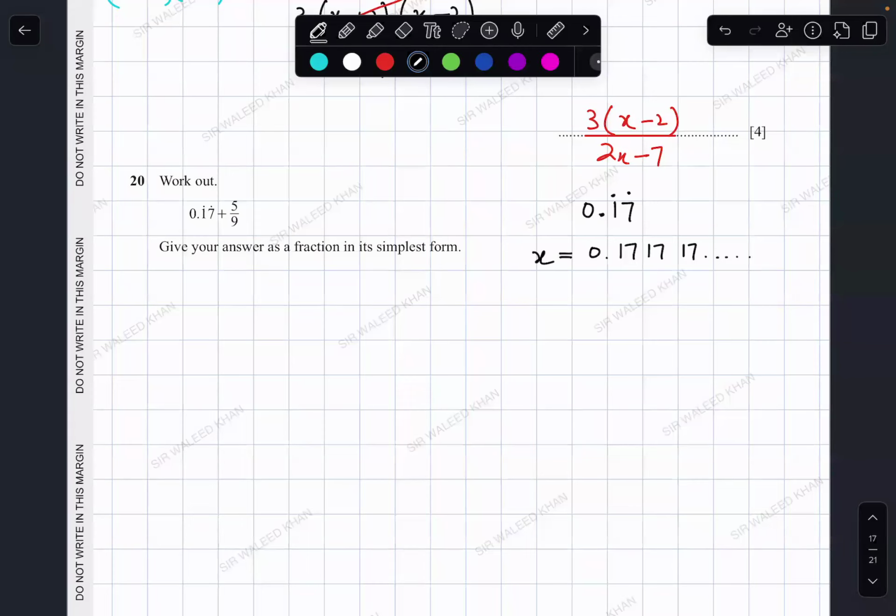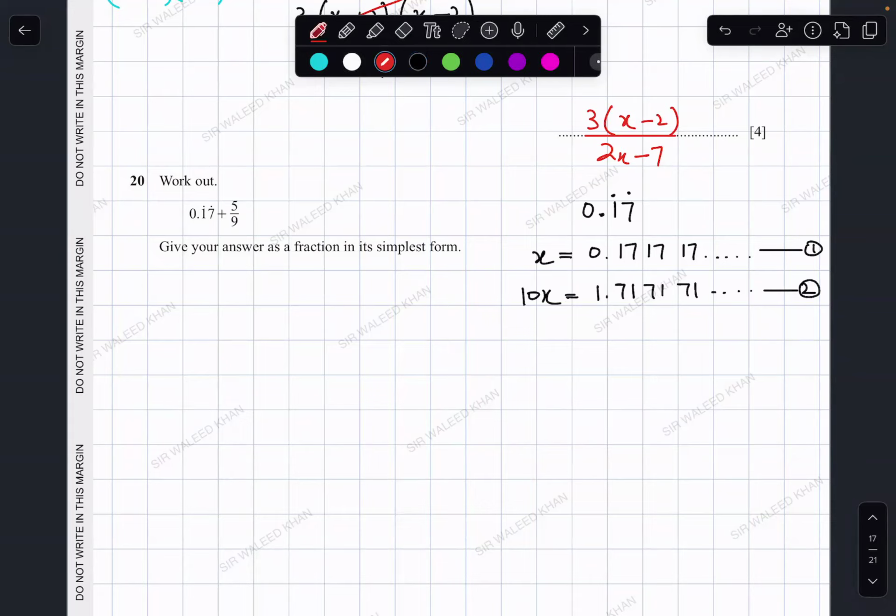Make equations. This is the first equation. Then you make another equation multiplied by 10: 1.717171717. This is the second equation.